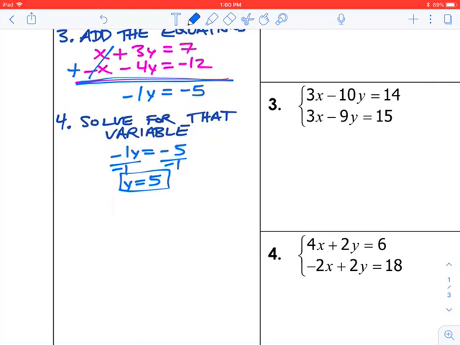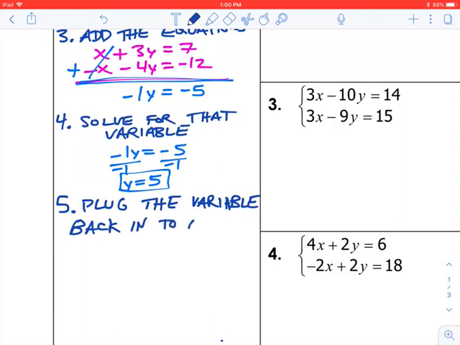Okay. And so I have the y value, now I need to find the x value. So to find the x value, I plug the variable that I found back in to find the other variable.